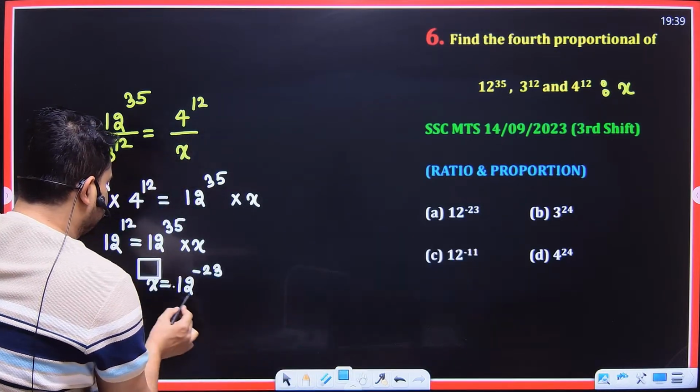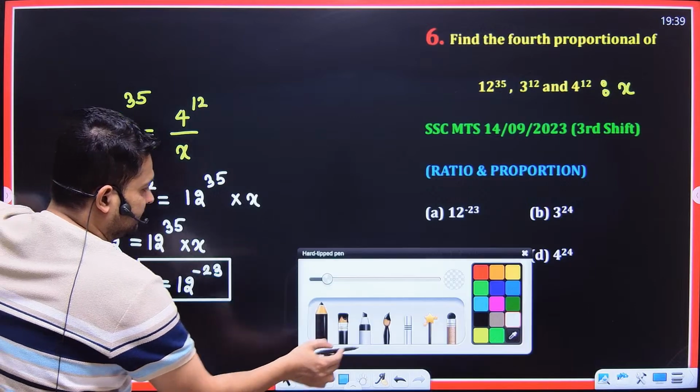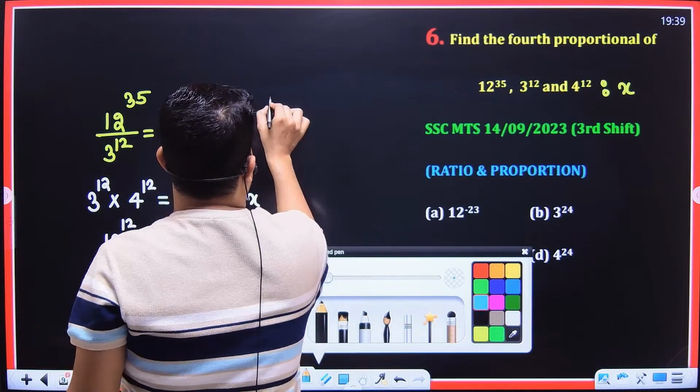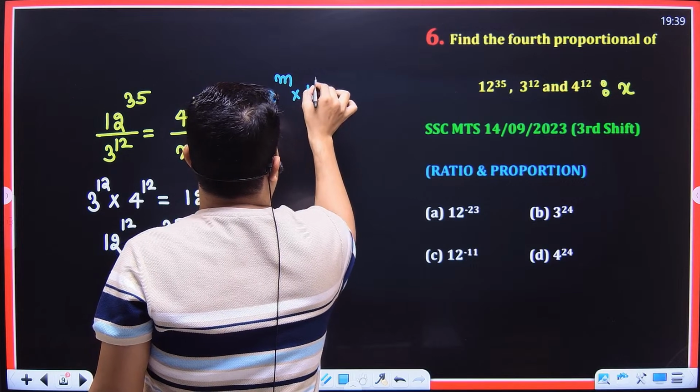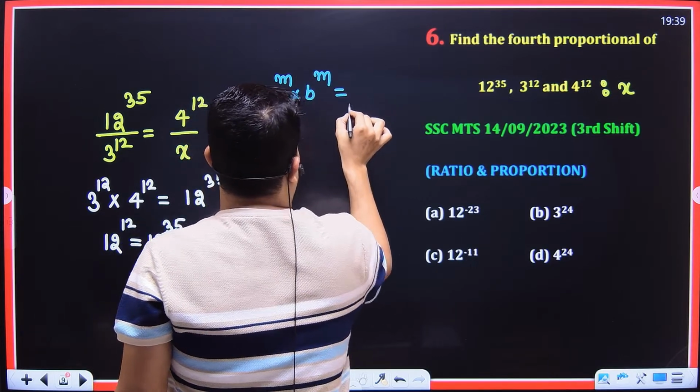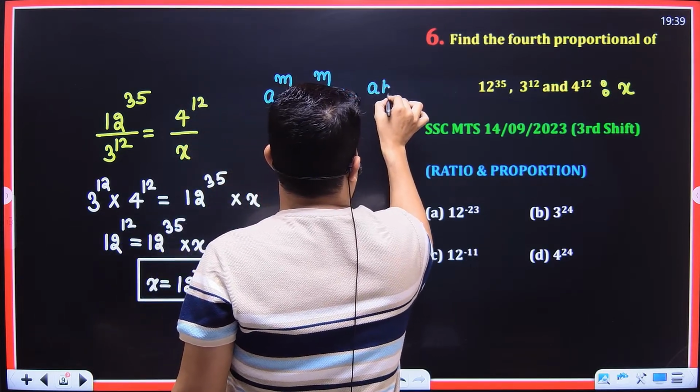We have two concepts here. What the concepts are, I will write here. If we have a to the power m into b to the power m, then it is equal to ab to the power m.